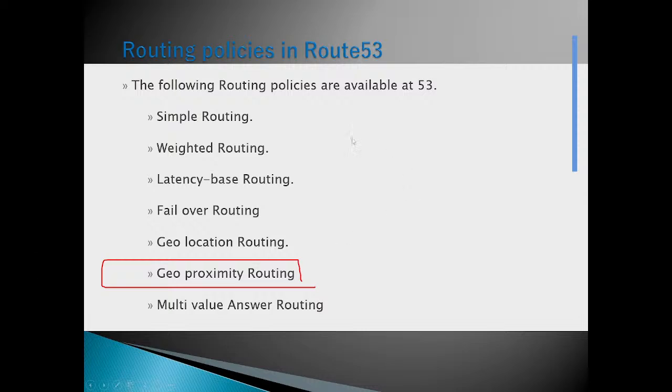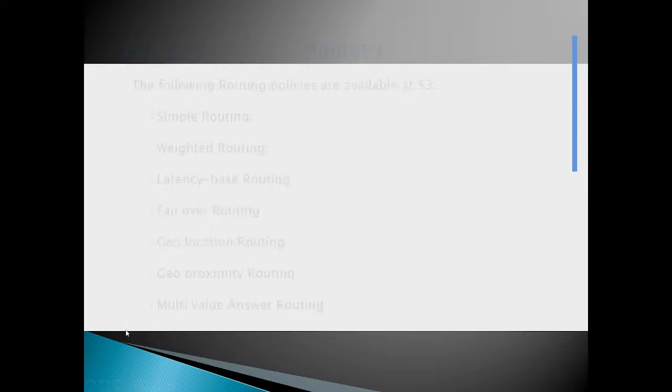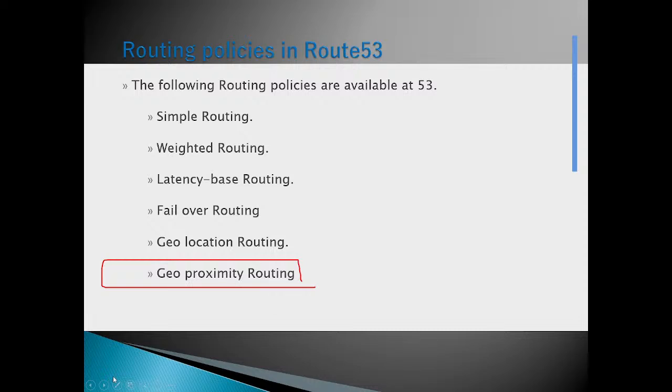Now, out of all these routings, if I want to create a complex routing policy, a permutation combination of all these routings, where I require some simple routing as well as weightage, failover, geolocation, all this routing I require, so I can create a traffic policy.